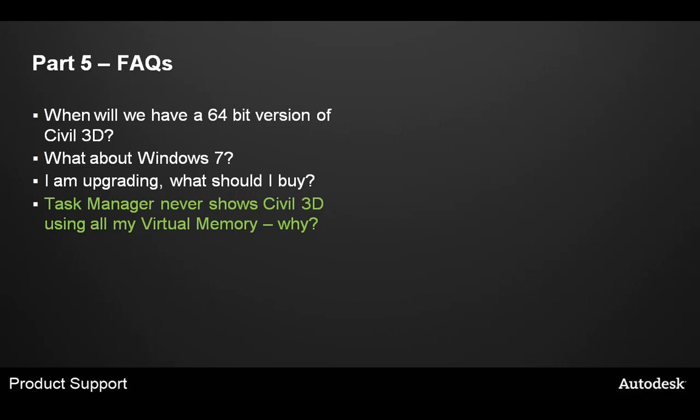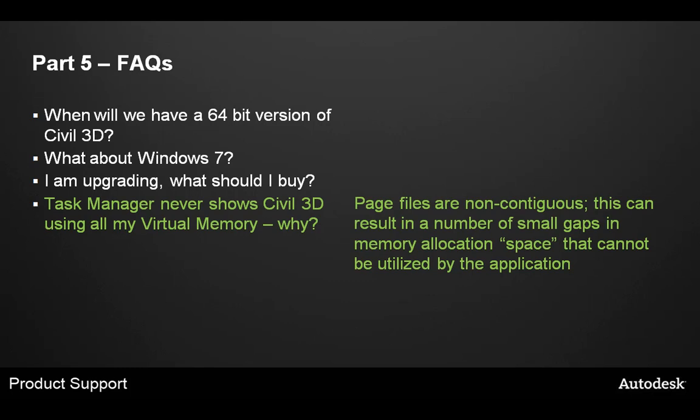So that's why you're never going to see, as I mentioned before, like on a 64-bit operating system, even though Civil as a 32-bit can utilize up to 4 gigabytes, you'll never see it utilizing the full amount, okay? But you'll still get maybe 3.2 somewhere in there, maybe a little more, maybe a little less. So there we go. Page files are non-contiguous, so you get those gaps that can't be utilized by the application.